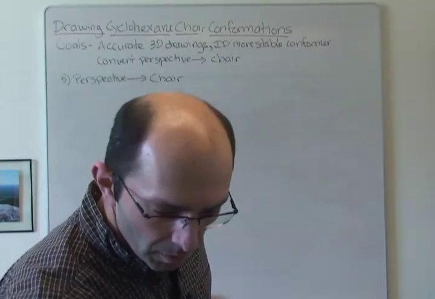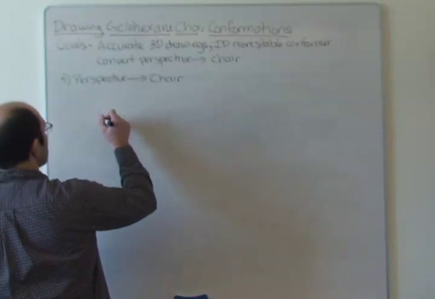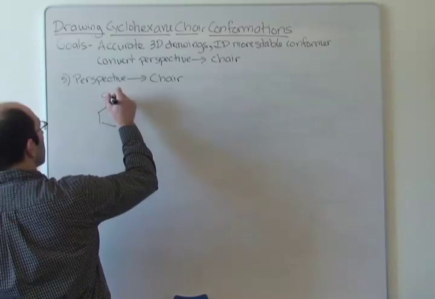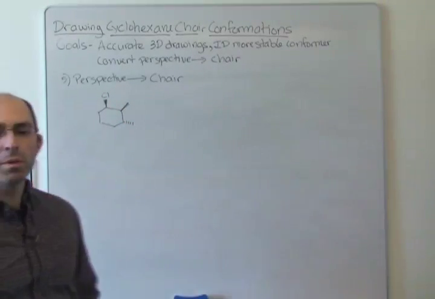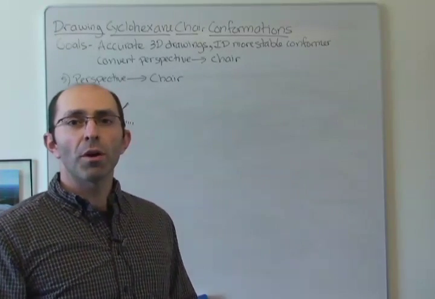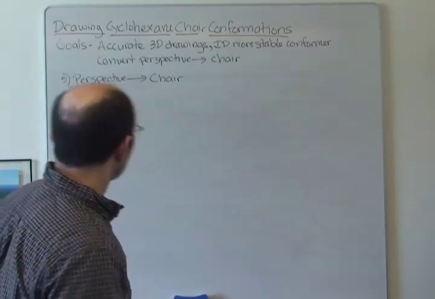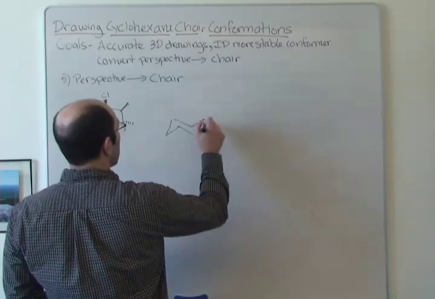So let's look at this molecule that looks kind of similar to what you're working on for homework. The question would be: convert this into the two chair conformations and figure out which one is most stable.